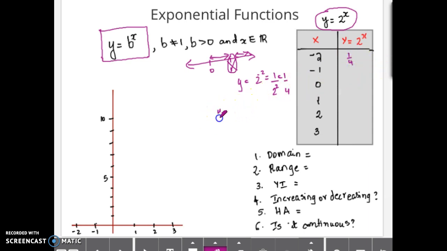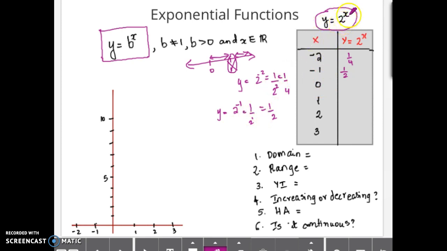Then when x is -1, y is 2 to the power of -1, which is 1 over 2 to the power of 1, which is 1/2. So when you put -1, you get 1/2 as the answer. When you put x is 0, you get y is 2 to the power of 0.